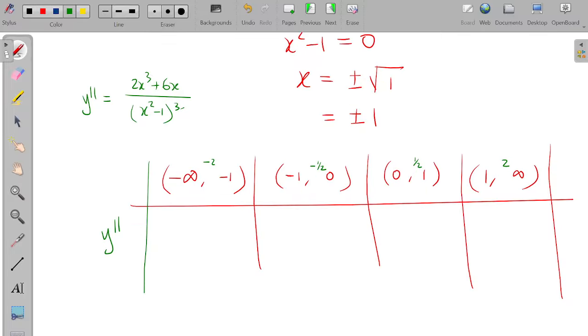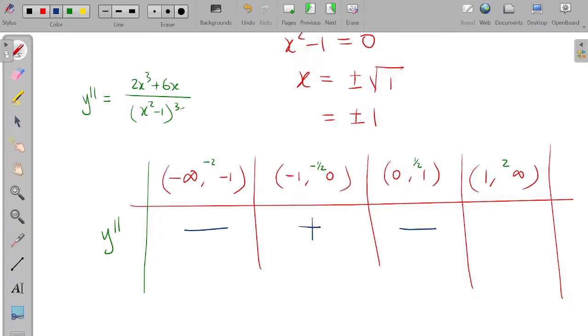So we discover that if you put negative 2 there, this will give us negative. If you put this there, this will give us positive. If you put this there, this will give us negative.